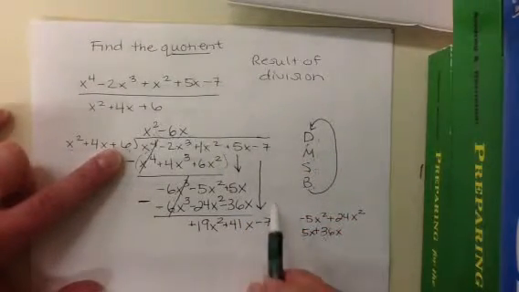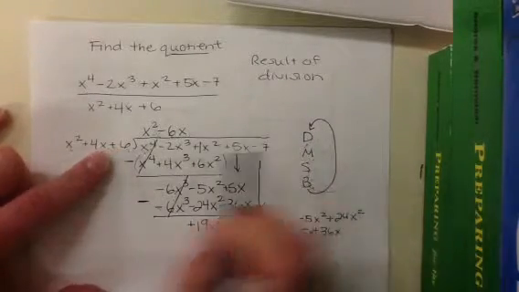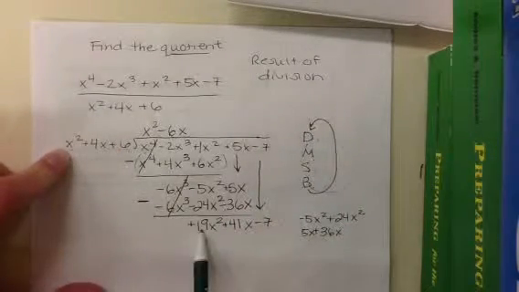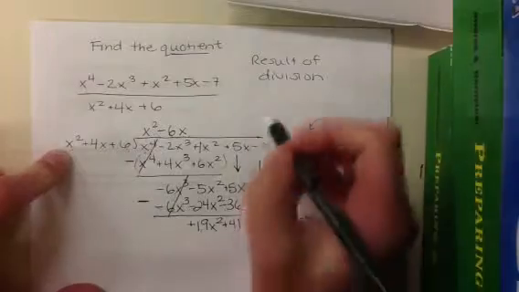Almost done. Now I repeat again, divide. How many times does x squared divide into 19x squared?